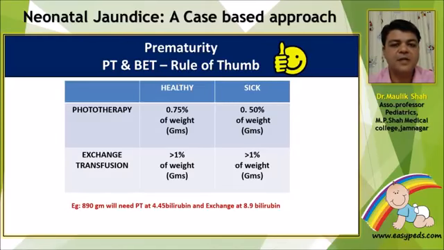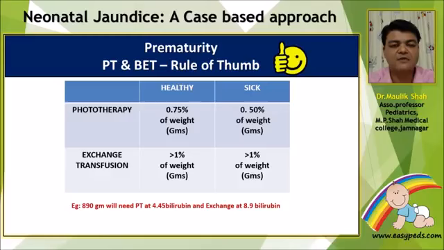However, in a practical situation, remembering all these values would be difficult. So, a rule of thumb is followed for consideration of phototherapy or exchange transfusion in a premature baby. According to that, phototherapy is considered in a healthy preterm newborn if the bilirubin level is 0.75% of the birth weight of the baby in grams.